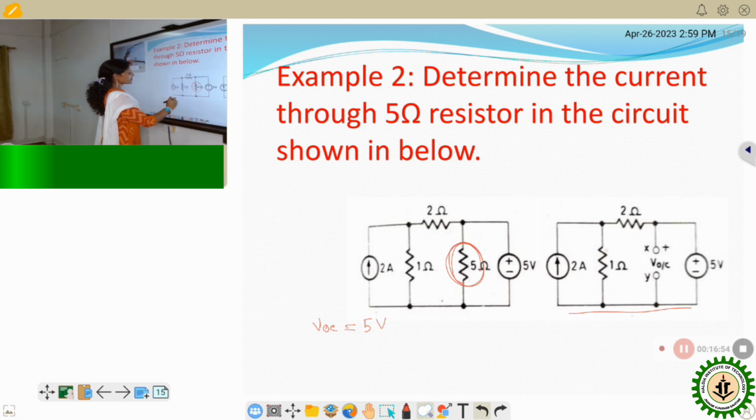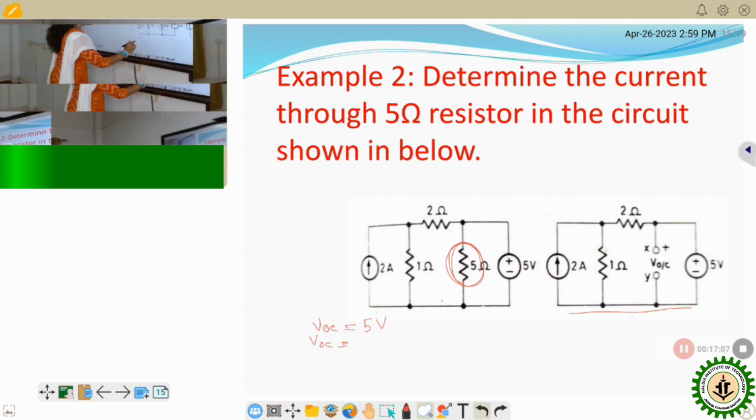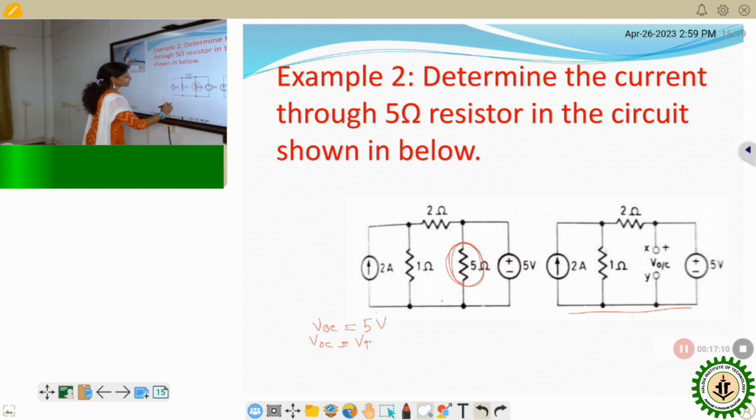It is very simple. And this VOC is also equal to VTH.